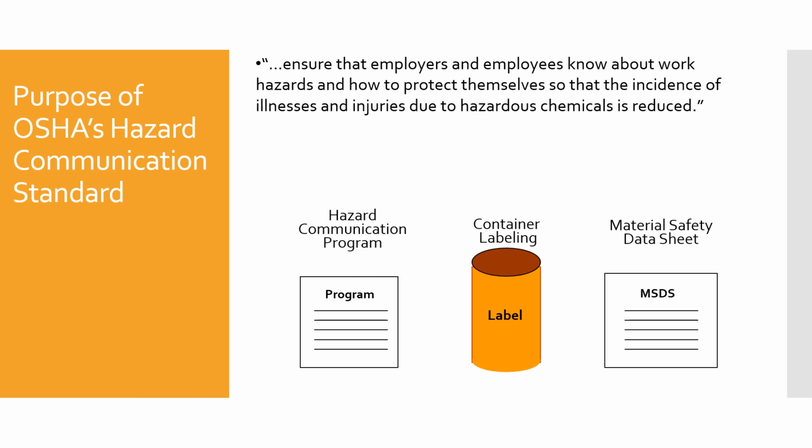You call the doctor, you wash it off, you call the poison control center. There's a protocol that can be followed for just about every material. That's what we're talking about when we're talking about OSHA's hazard communication standards, material safety data sheets.